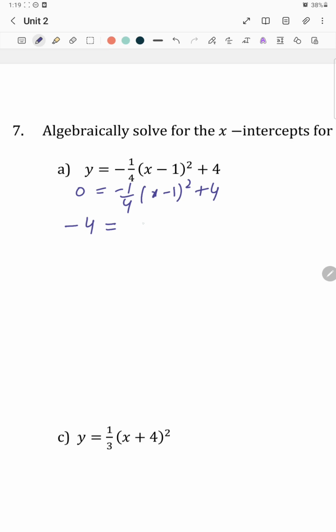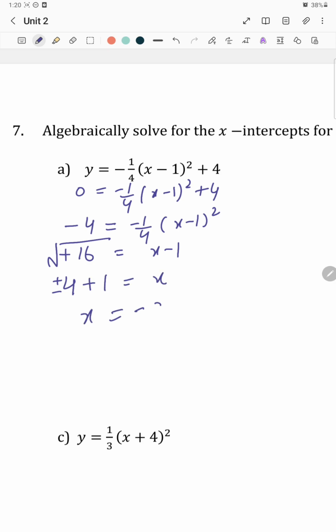Minus 4 is equal to minus 1/4 (x minus 1) whole square. Minus 4 into 4 is 16, and the square root is equal to x minus 1, plus minus 4 plus 1 is equal to x, so x would be equal to minus 3 and 5.